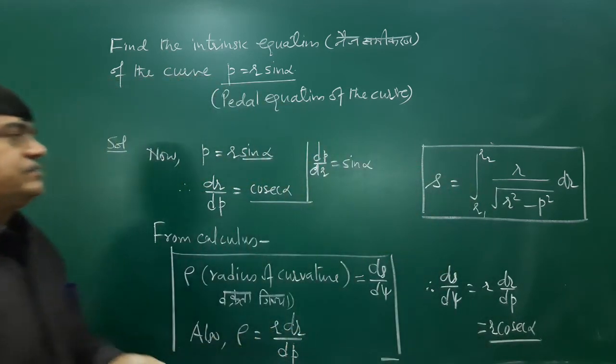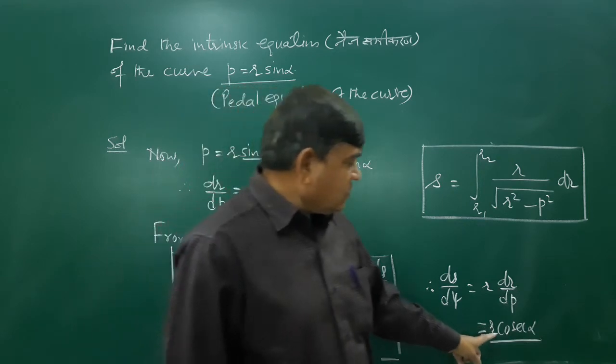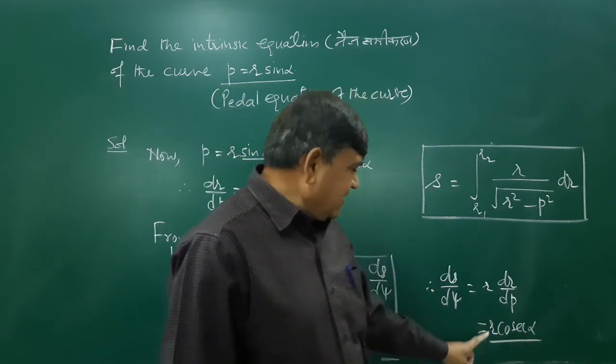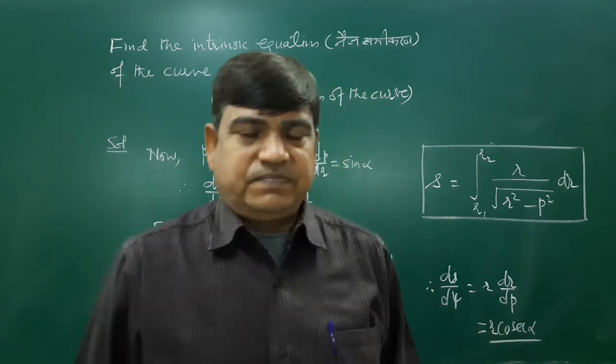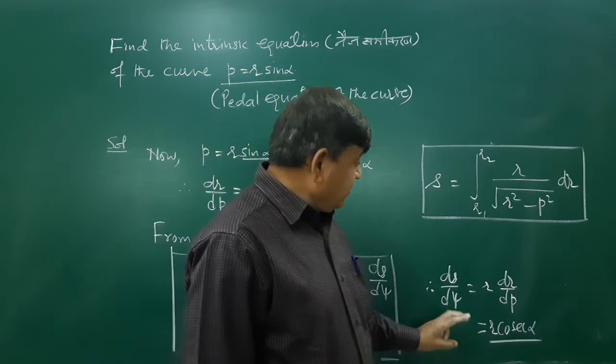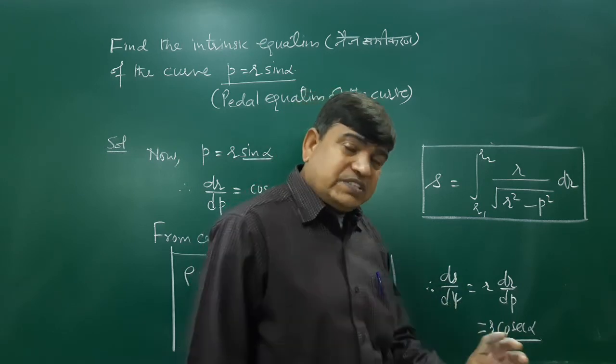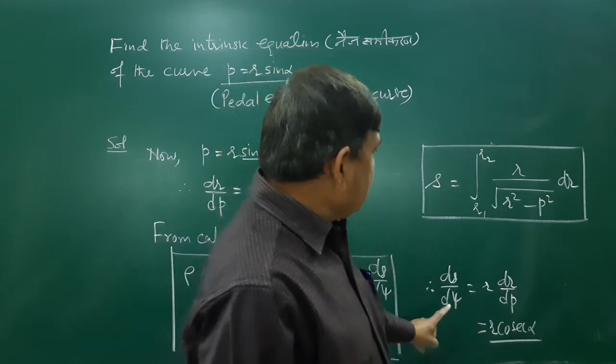Now ds by d psi equals r cosec alpha, but again this r creates a problem. If we integrate, the variables are s and psi, but cosec alpha is constant. So how to eliminate this r?